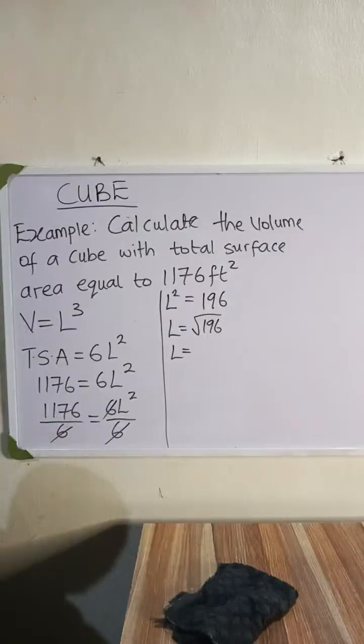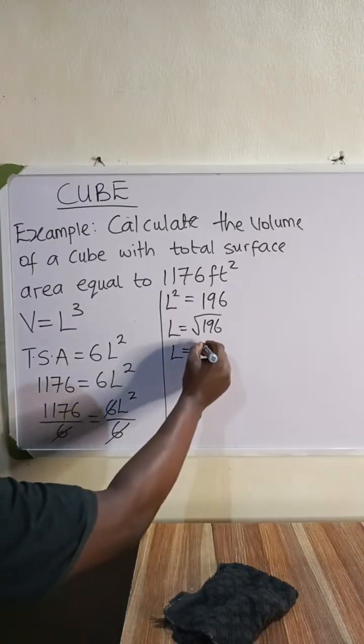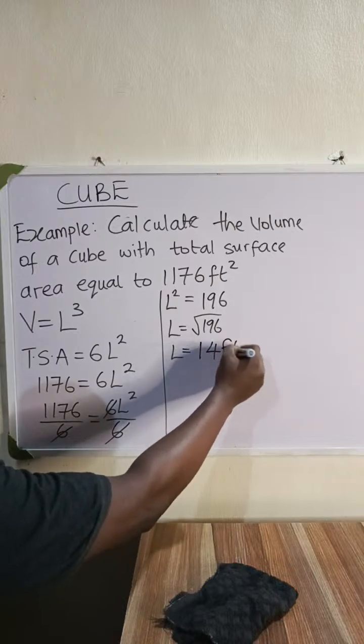What will multiply itself to give you 196? That should be 14, right? 14. So we have the length is equal to 14 feet.